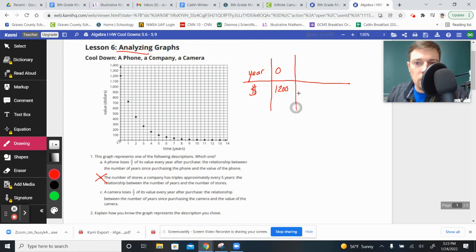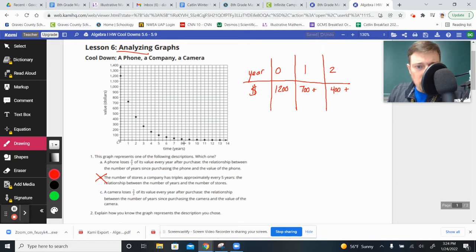And in year 1, after 1 year of depreciation, it looks like it's a little over 700. It's kind of hard to tell, so I'm going to write 700 plus. And then in year 2, it looks like it's a little under 450, so I'm going to say 400 plus, somewhere in that range, and so on and so forth.